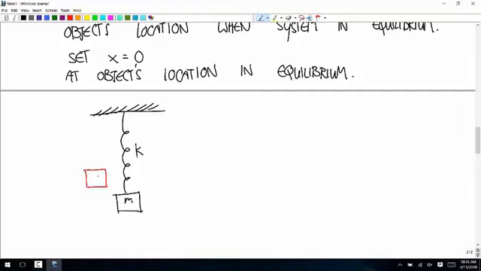So what I'm calling the spring's resting length is the length that the spring would have if it was just sitting on a table. Then you hang it from here, put a mass on it, and the mass pulls it down a little bit.